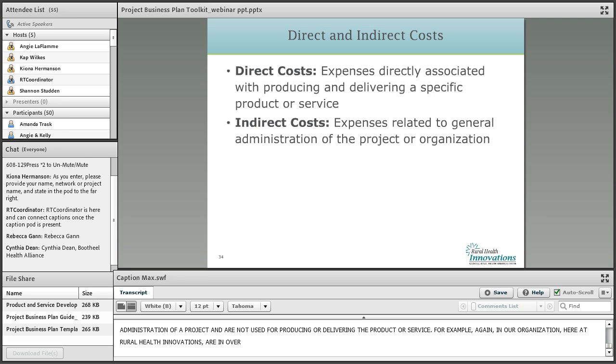Operational costs are those incurred while actually producing or delivering the product or service. These costs are identified by considering how the project is operationalized with its marketing decisions and what infrastructure is needed for the project or network.